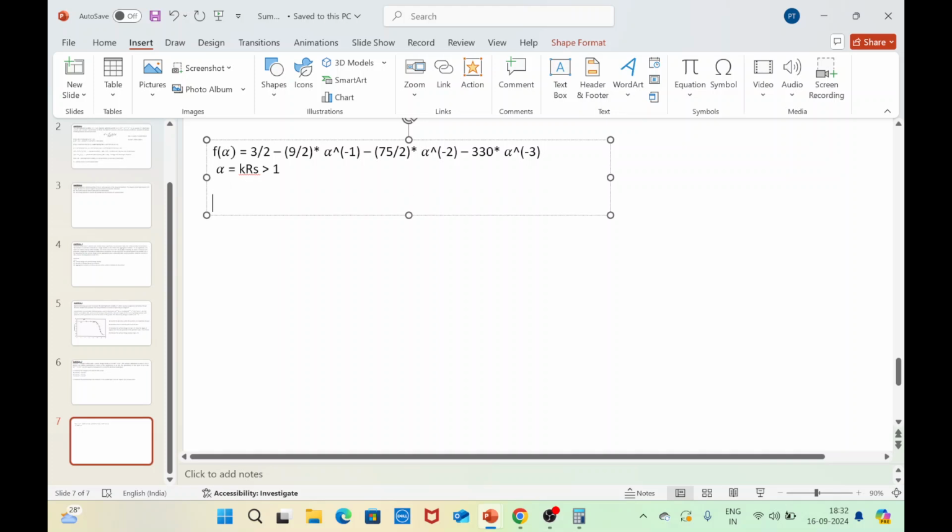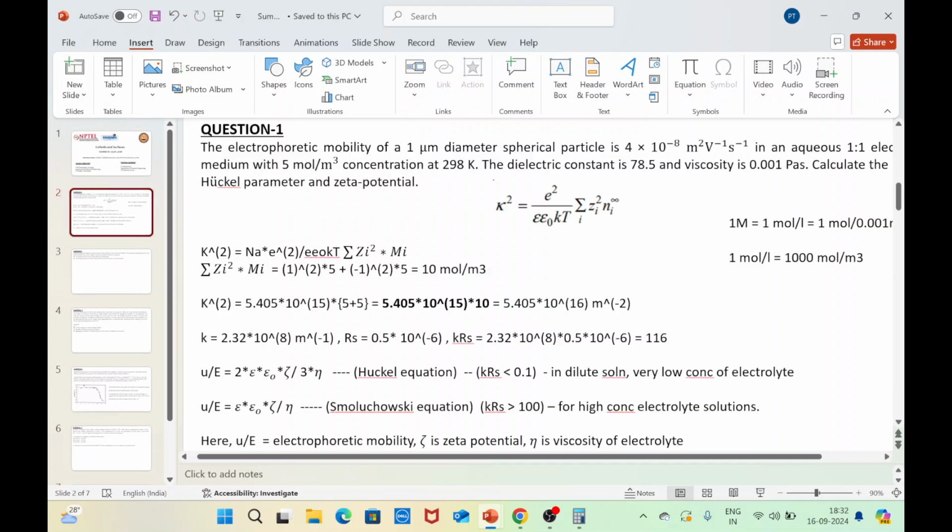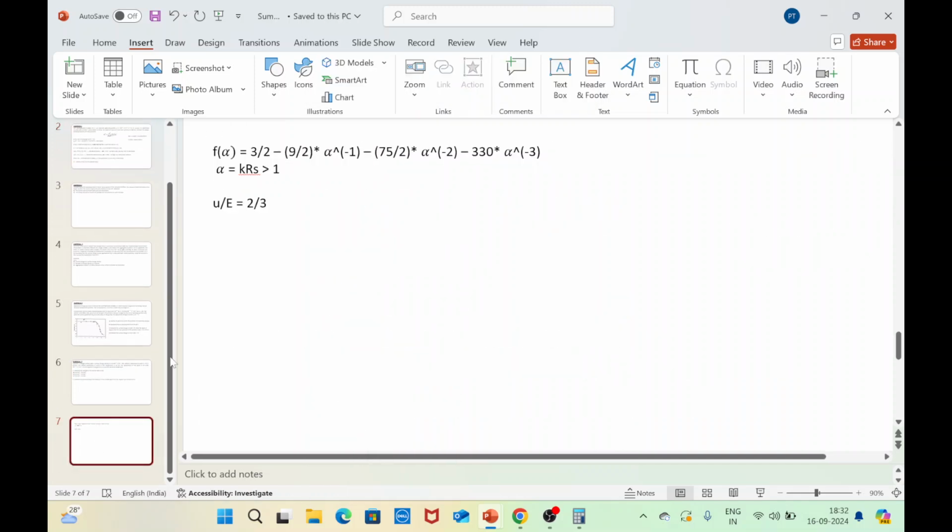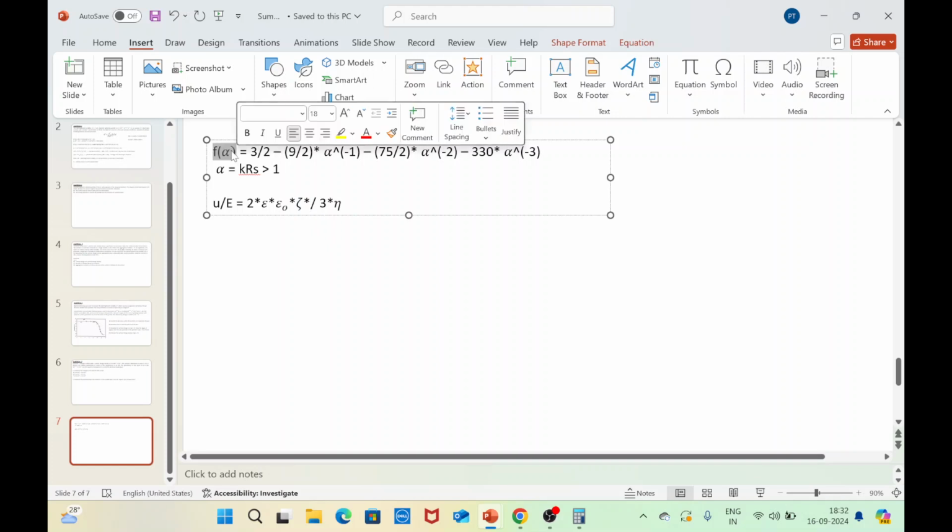And then you need to substitute in this equation, times f of alpha.